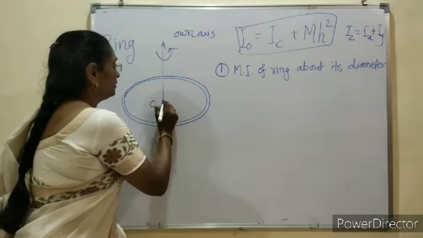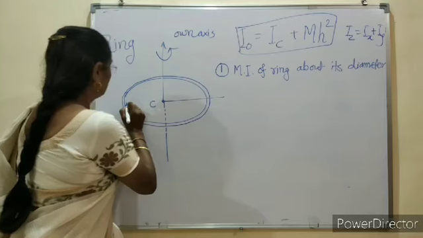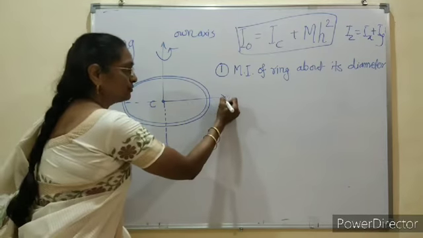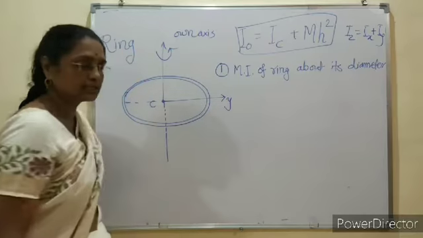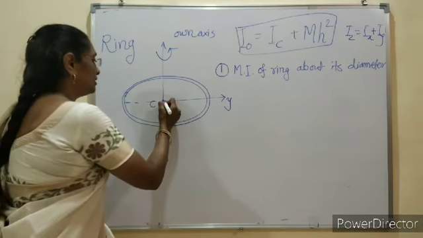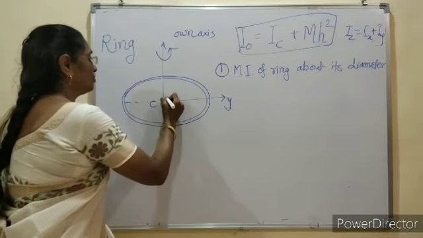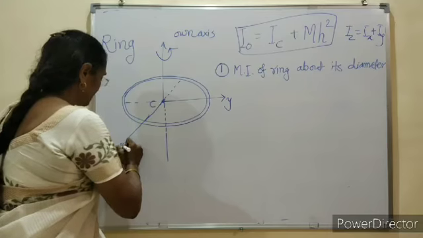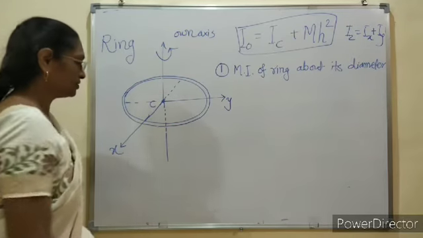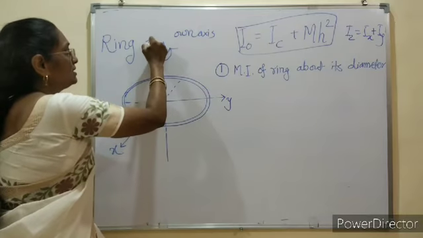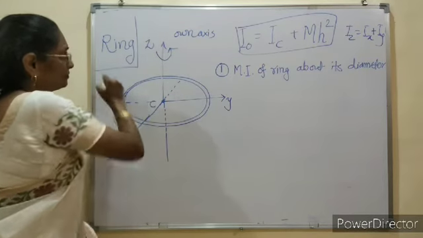In the plane, this can be a diameter, which we have shown as y-axis in our previous discussion. Similarly, a diameter can be shown along x-axis. For the sake of simplicity, we have taken x and y-axis, and own axis is z-axis.